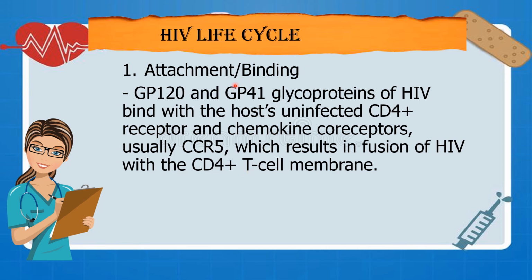So when we say binding, this means that the virus attaches itself to molecules on the surface of the CD4 cells. Mainly, it is GP120 and GP41 that bind with the CD4 cells.